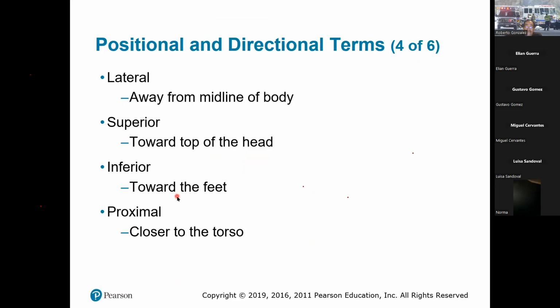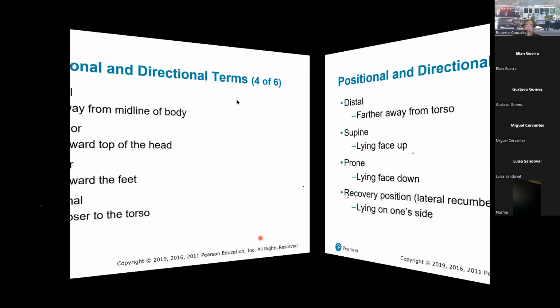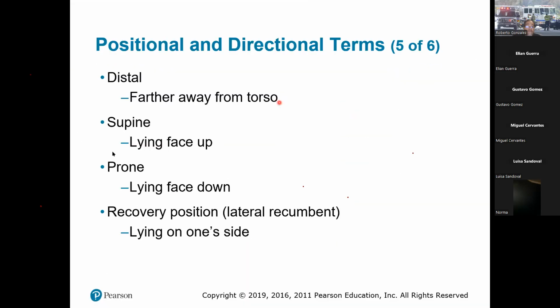Superior is towards the top, inferior is towards the feet, and proximal is close to the torso itself. And distal would be farther from the torso. Supine is lying. Now, these are terms that you're going to be dealing with, because you're going to find the patients lying down on the floor. Supine is basically lying face up.